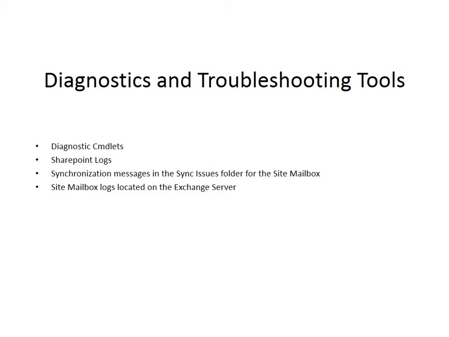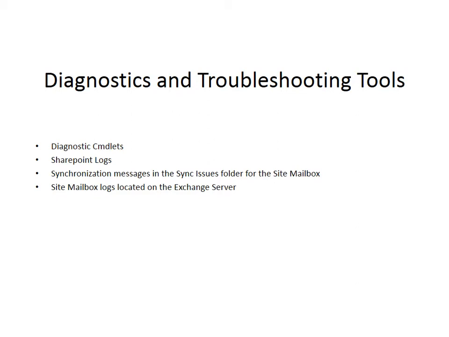We can use SharePoint logs. SharePoint logs are typically created by default every 30 minutes. And when an error occurs on a SharePoint site, on the screen you'll see a correlation ID with it. And you can search the SharePoint logs to figure out what exactly the problem is. So it's a good troubleshooting option for us.